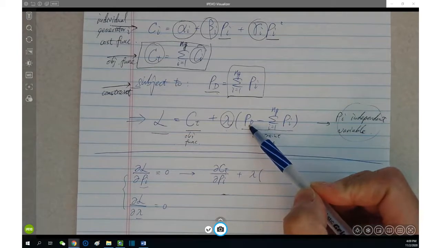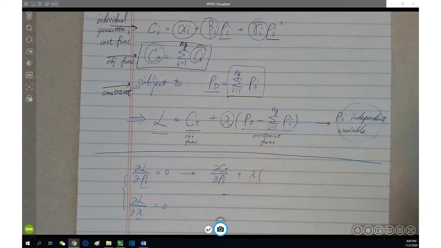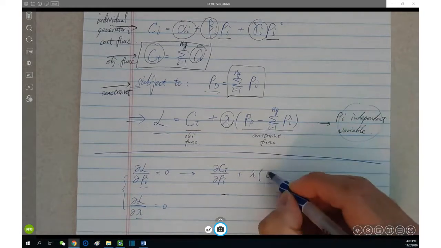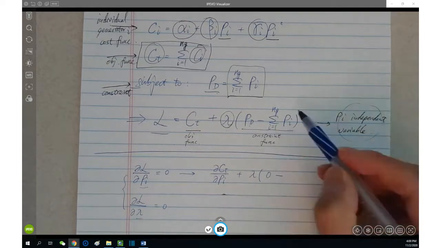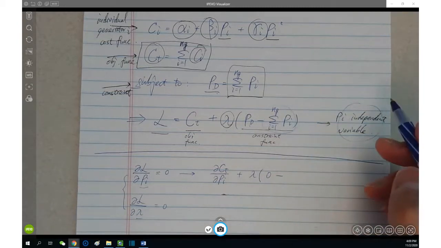Does it make sense? How much power the customer demands has nothing to do with how much power each generator is going to generate. It's not up to the generator. The generator is following the demanded power. So P sub D is independent of p sub i. Therefore, this is 0. And minus the partial derivative of the summation with respect to p sub i.